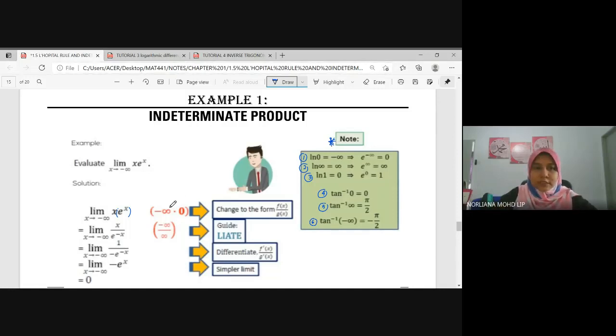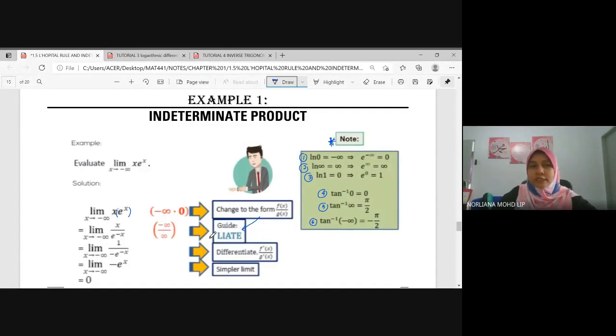Okay, the first step: when we get the answer negative infinity times 0, which is an indeterminate product, we have to change the original question into the form of f(x) over g(x), a quotient. So we use the guide of the LIATE rules.